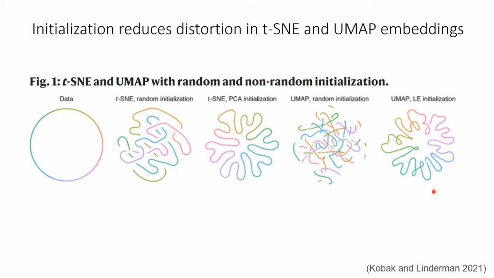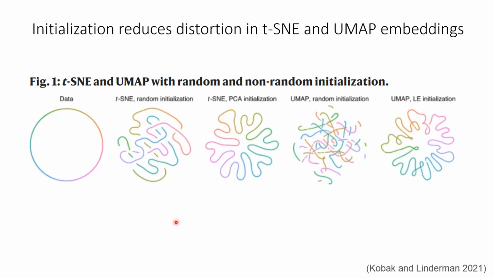Both tools work by using a loss function that makes similar points attract each other and pushes away dissimilar points. The loss function is minimized using a gradient descent algorithm, which begins with some kind of initial configuration of points in space. Through iterations, points are moved around in a way that decreases the loss function.